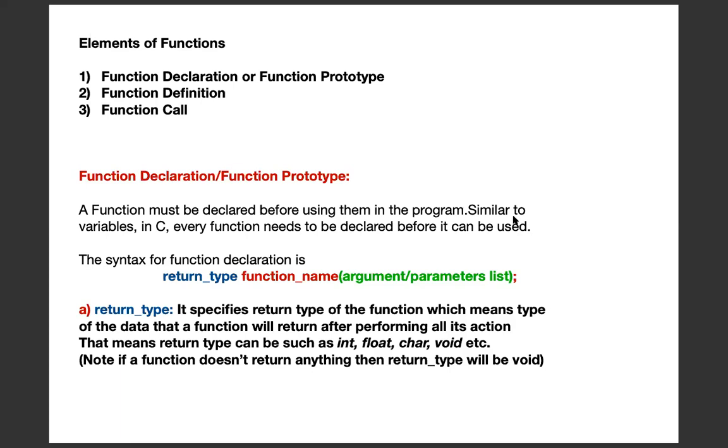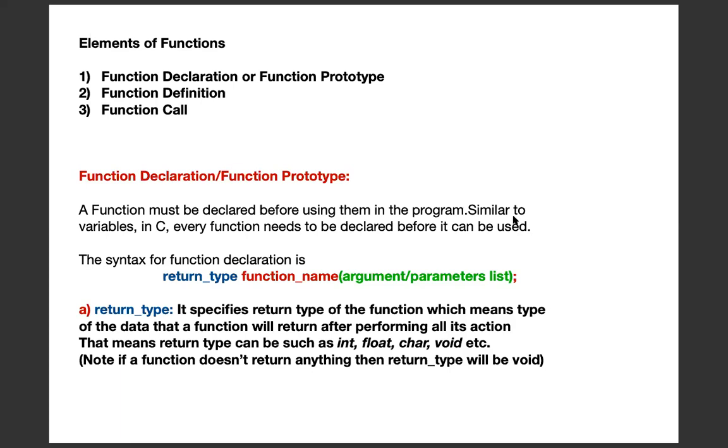That is called function declaration, or by another name, function prototype. The second element we require is a function definition. And the third and foremost thing is a function call. So these are the three elements which make a function work: function declaration, function definition, and function call.